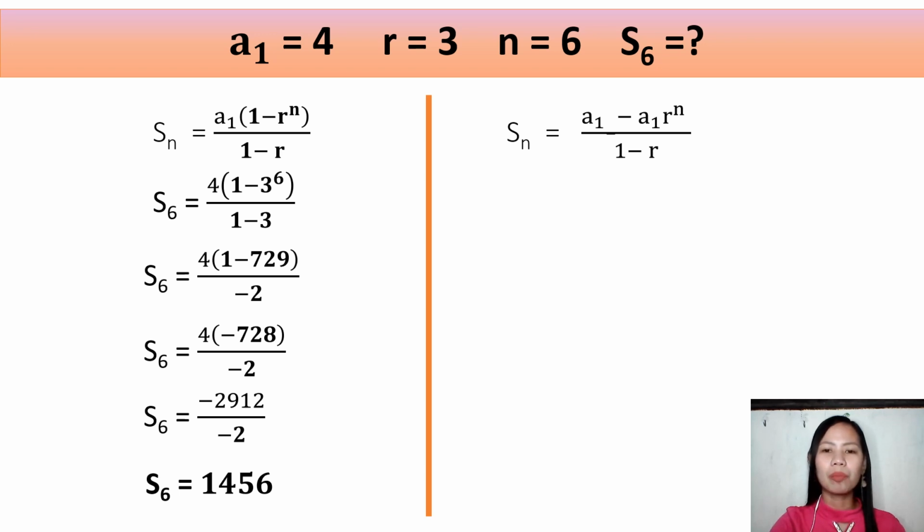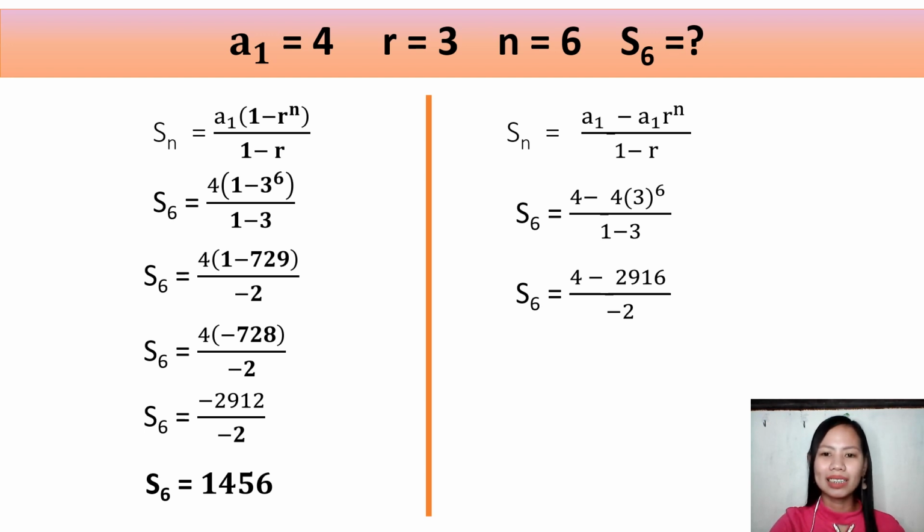Another formula, S sub n equals a sub 1 minus a sub 1 r raised to n all over 1 minus r. Substitute the value. We have S sub 6 equals 4 minus 4 times 3 raised to 6. So you have to simplify 3 raised to 6 and then multiply it by 4. So we have 4 minus 2,916 all over negative 2.